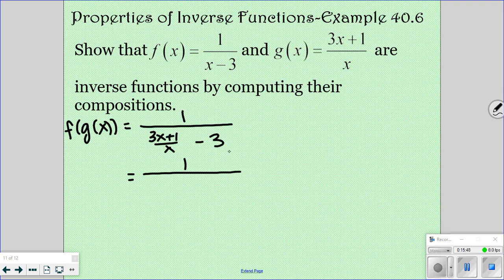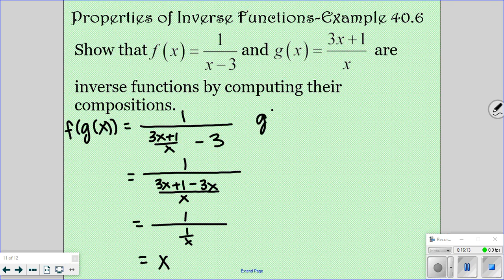So the common denominator would be an x, and then we'll have 3x plus 1, and then minus 3x. This will simplify to 1 over x, and so the reciprocal of this would just end up being x. So that one does equal x, so we're on the right track.